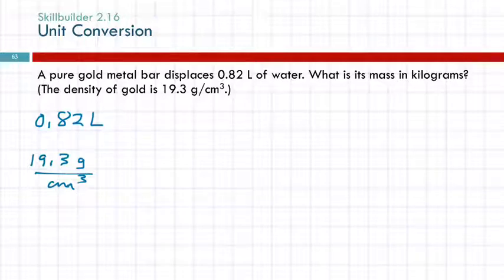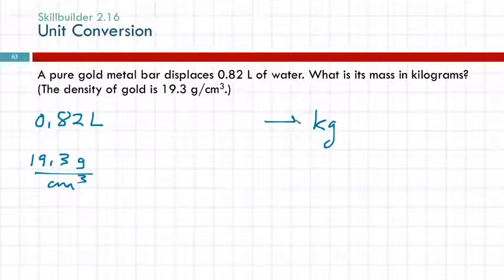What are they asking for? Mass in kilograms. So I have to figure out how to get from liters to kilograms. Neither of those units is in my density. But I have grams. Can I convert grams and kilograms? Yeah. All I need to know is what kilo means.